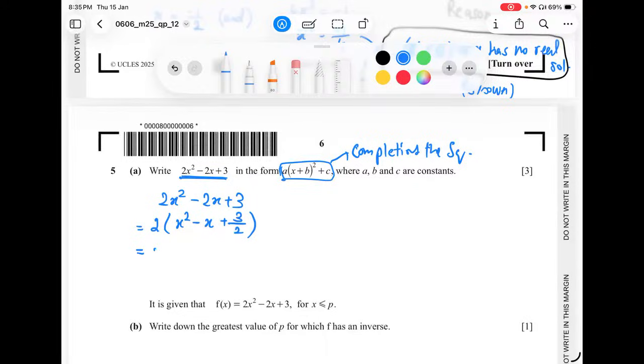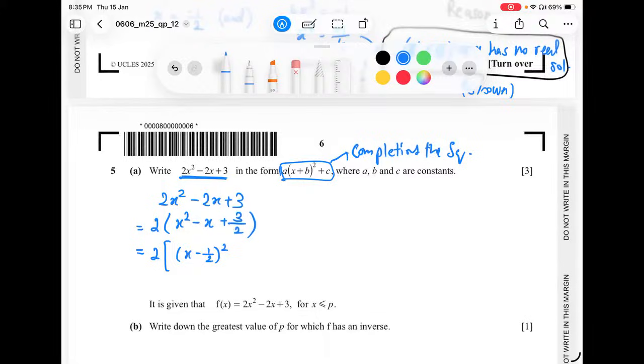And now we do the completing the square as it is. So let me give square brackets to make it clearer. It should be x minus half squared.